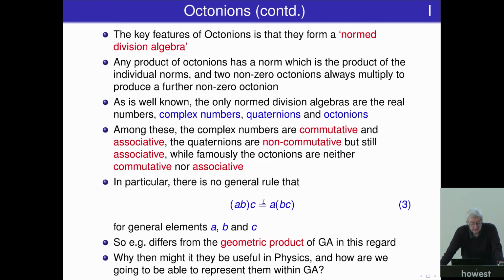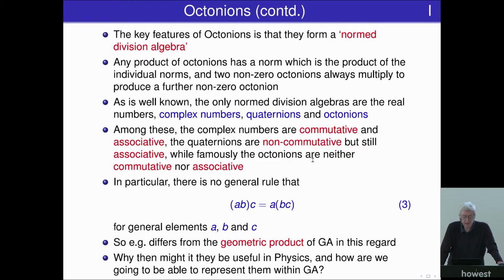As we've already said, the key feature of octonions is that they form a norm division algebra. Any product of octonions has a norm which is a product of the individual norms. And two non-zero octonions always multiply to produce a further non-zero octonion. And the only norm division algebras are complex numbers, quaternions and octonions.